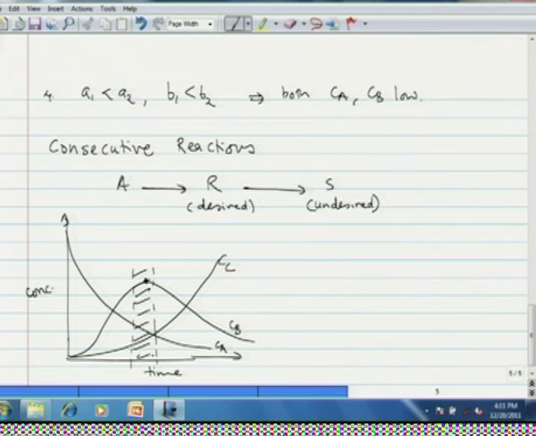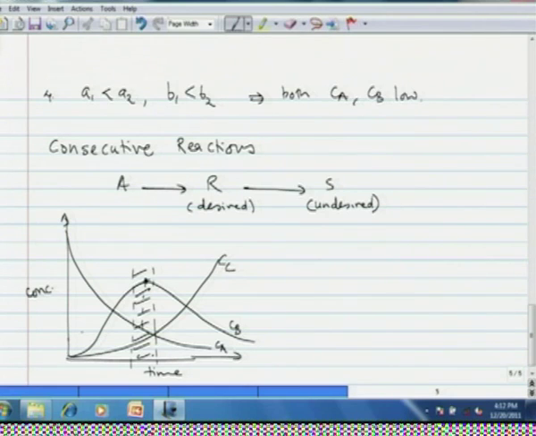However, as we have seen, the point of maximum yield may not be the point of most optimum operation, because by the time we reach the maximum concentration of the desired product, a large amount of reactant is already converted, as is shown, and if the value addition from A to B is marginal, which is the case for many petrochemical processes, we would not like to have conversion of A, which is a valuable reactant, into the waste product.